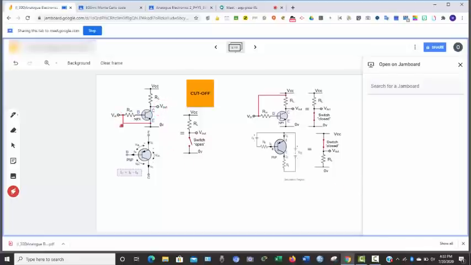If I'm supplying a certain voltage to this Vin in relationship to this Rin, I will have my VBE, which is the base emitter voltage. Once I'm able to generate this base emitter voltage, then I will be able to have V output, and I will be able to have high IC.